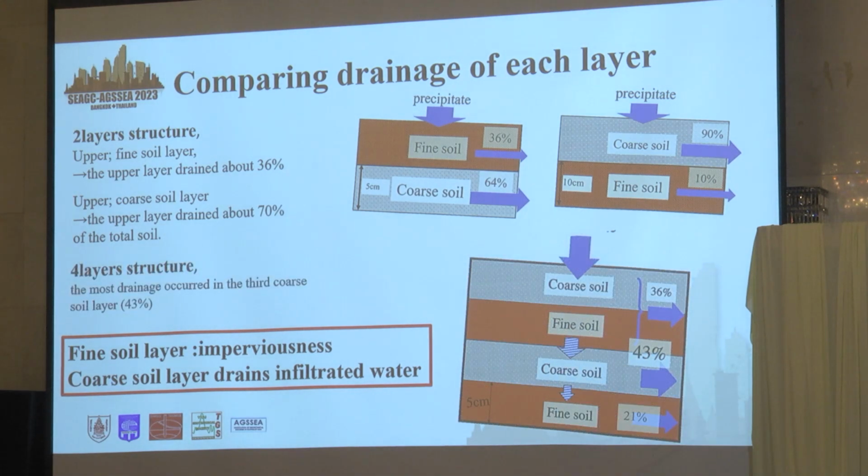In the 4-interlayer structure, the most drainage occurred in the 3rd coarse soil layer, about 43% of total drainage. It indicates that the fine soil layer has imperviousness characteristics, and the coarse soil layer has the characteristics of draining infiltrated water.